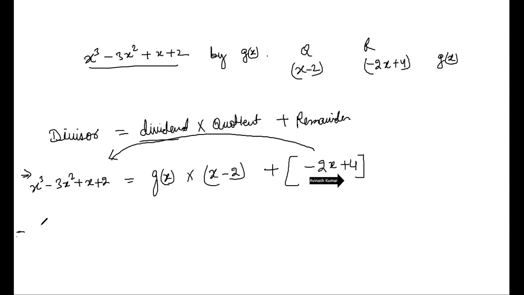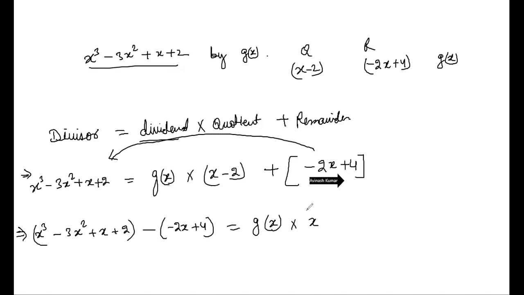So x cube minus 3x square plus x plus 2 subtract minus 2x plus 4. Can I write like this? So gx times x minus 2. So let's solve it further.